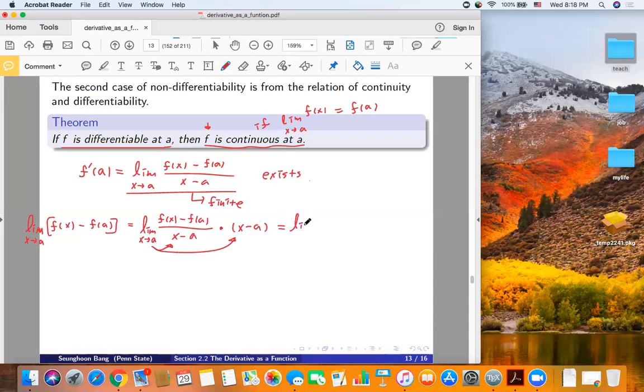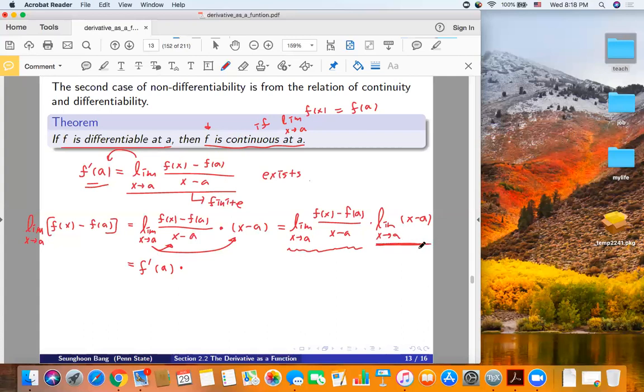So we have the limit as x approaches a of f of x minus f of a over x minus a, times the limit as x approaches a of x minus a. The first limit is f prime of a, times the limit of x minus a.